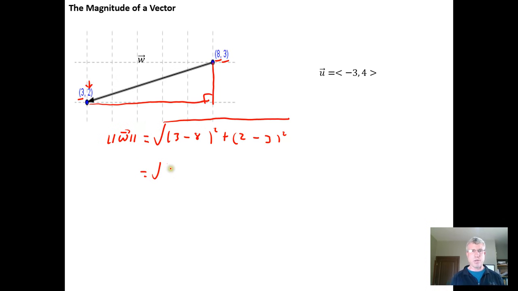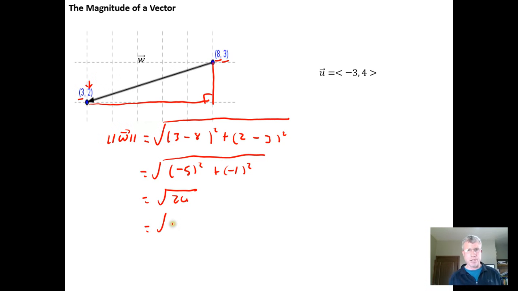So we just get the square root of negative 5 squared plus negative 1 quantity squared, which is just going to be the square root of 26, which doesn't simplify because 26 is the product of two prime numbers. So the square root of 26 is already in simplified radical form.